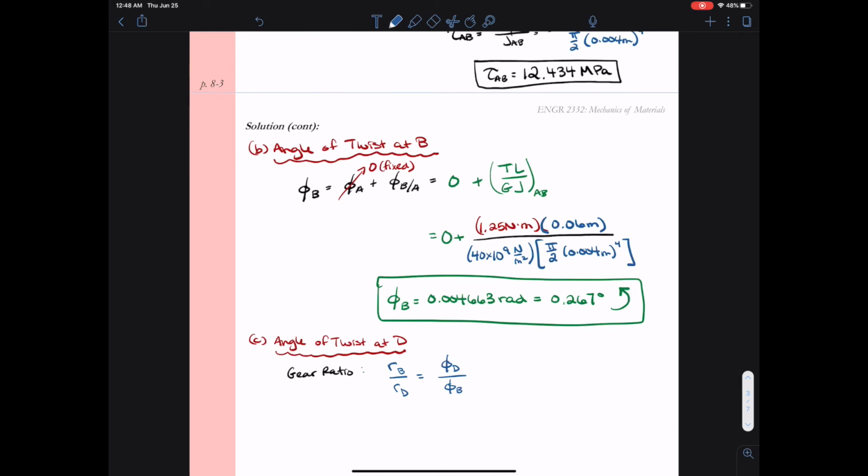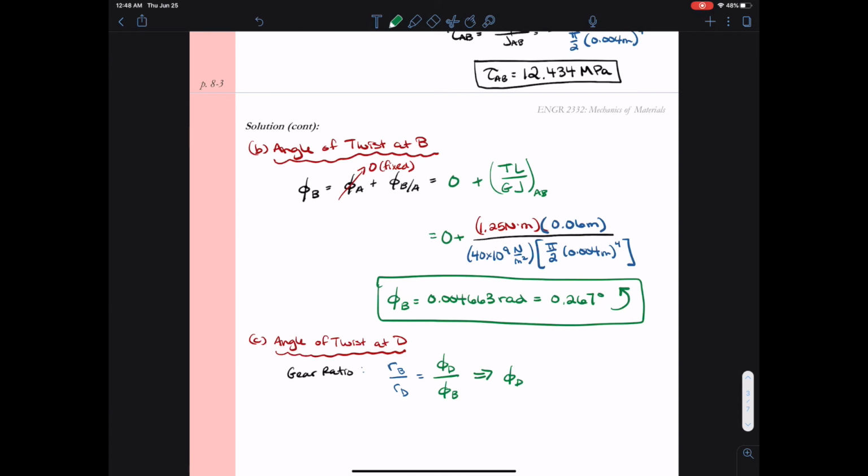This is opposite of torque. Remember, as we go from a larger gear to a smaller gear, the angle of twist will be increased. But when we go from a smaller gear to a larger gear, the torque gets increased. We can see this in the math that follows.